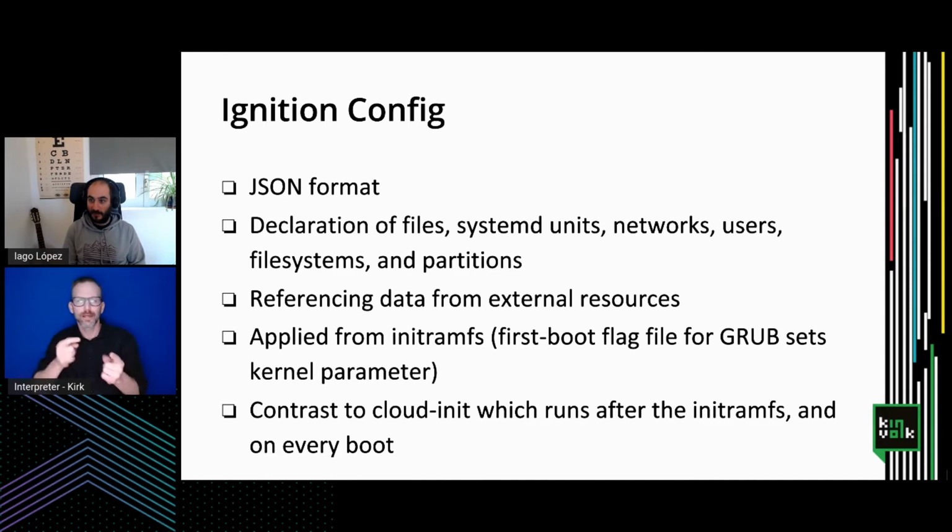For example, you can format disks, or you can aggregate disks in a RAID or something like that. And with Ignition, this only runs on first boot. The configuration will happen on first boot, and on subsequent boots, it won't run anymore. It is assumed that your machine is configured already. And this goes, again, with the immutable infrastructure approach that I was talking about before.